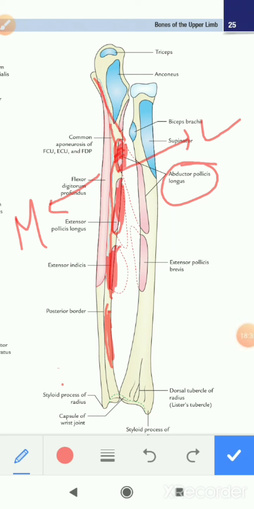And the medial part actually is part of the medial surface, so there will be the attachment of the flexor digitorum profundus muscle.